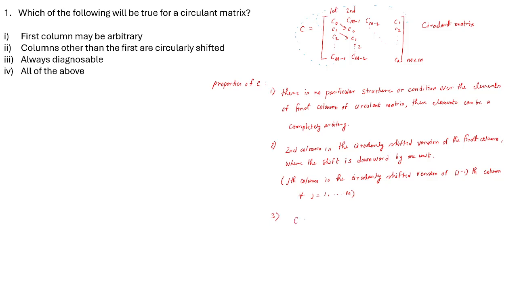We have seen that C, the circulant matrix C, satisfies the diagonalization property. I will explain in a minute what this is. I guess we have seen it in the lectures also, but it's a good thing to review again.